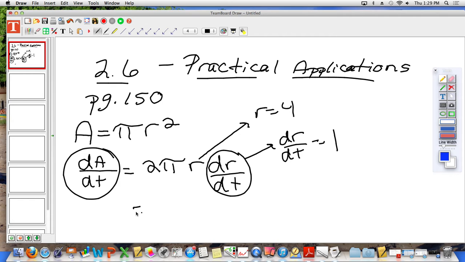So dA dt is going to be equal to 2 times pi times the radius. What is the radius? 4. 2 times pi times 4 times dr dt, which is 1. So we have 2 times pi times 4 times 1, which I believe is 8 pi.